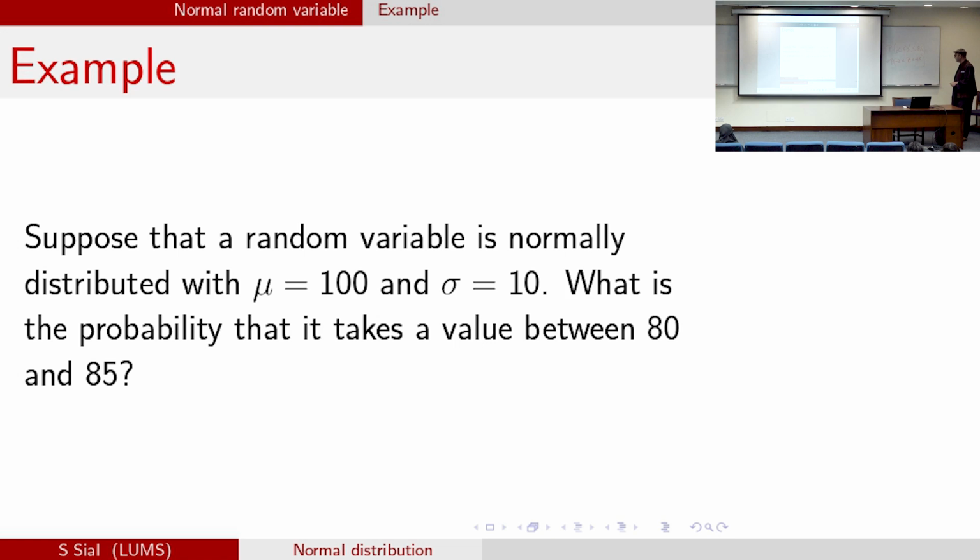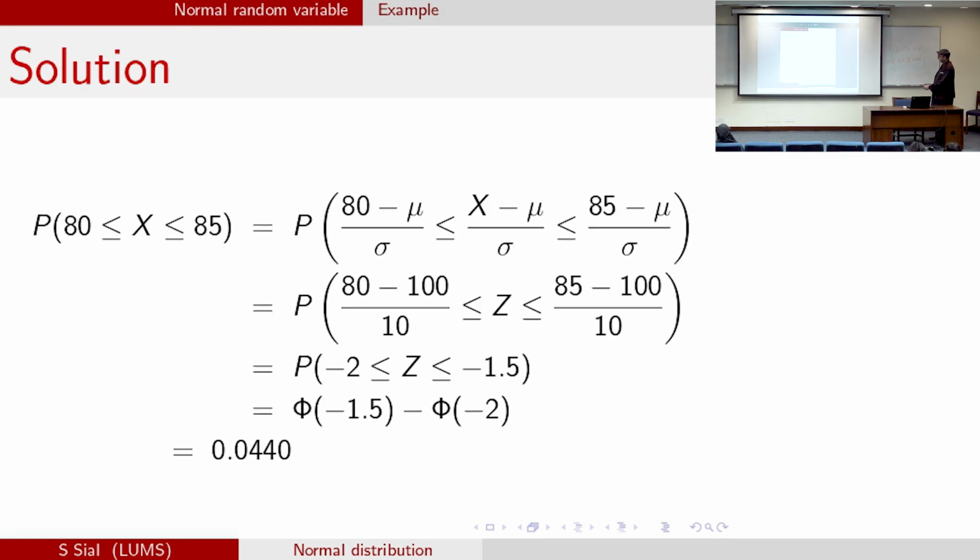So what this is saying is that the probability that this normal random variable lies between 80 and 85 is the probability that z takes values from minus 2 to minus 1.5. Right? So this is the probability that x is taking values between minus 2 and minus 1.5 standard deviations from the mean. Okay, so this is what we worked out here.